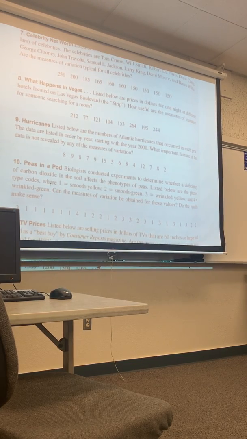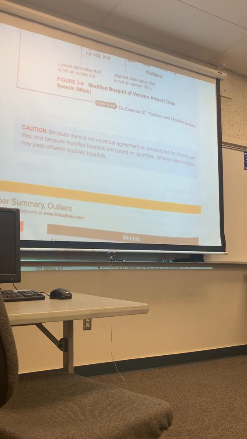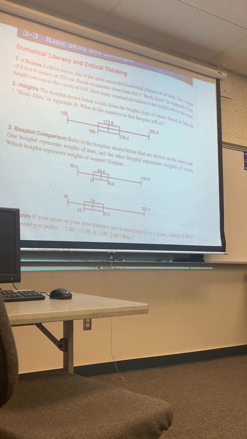3.3. To be honest, 3.3 might be a good one. So number 8. I know this might sound funny, but I still get confused as far as what X bar is. X bar is a sample mean. Mu is the population mean.